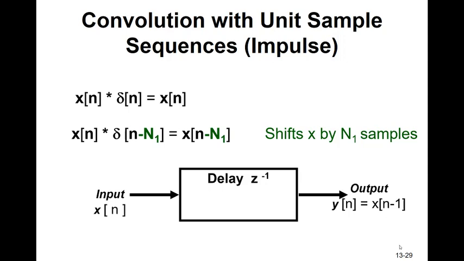Can you tell me what the unit sample response of this delay block has to be then? That's finding h of n. This block delays my signal by 1 sample. Delta of n minus 1.